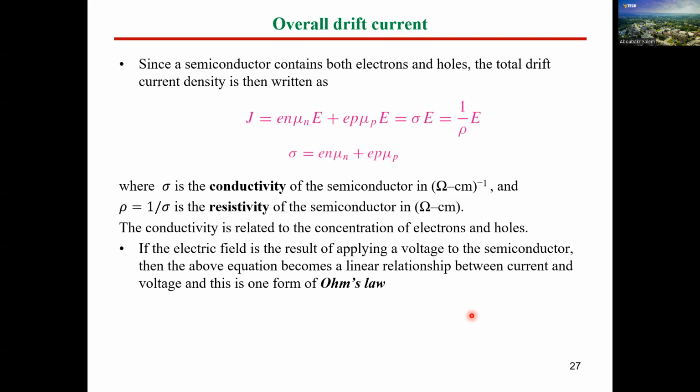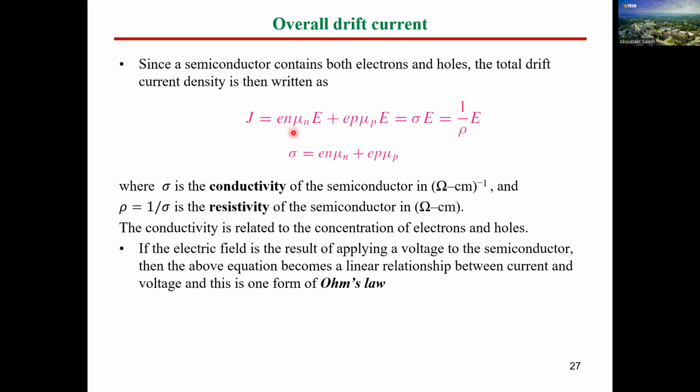Okay, guys. In order to get the overall drift current now, we need to sum all the drift currents from electrons and from holes as well. So simply we can say J, the total current density, equals the drift current due to electrons plus the drift current due to holes.